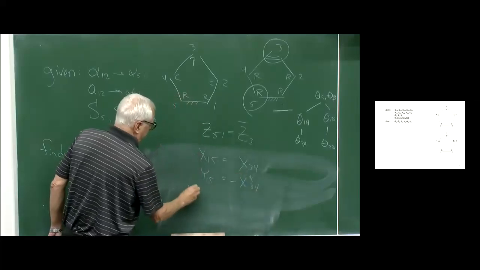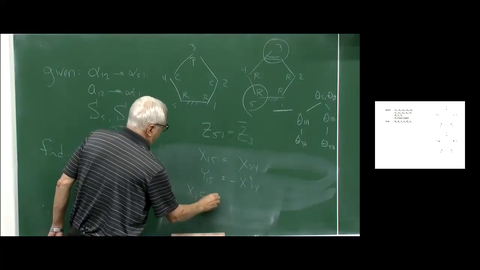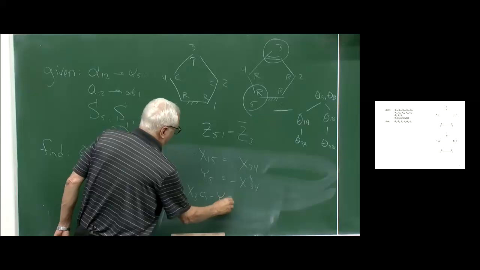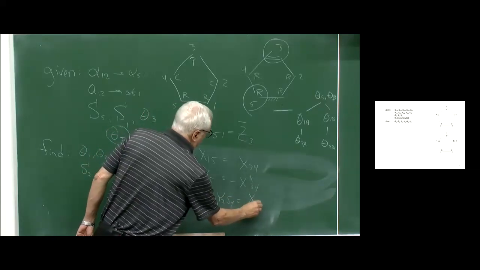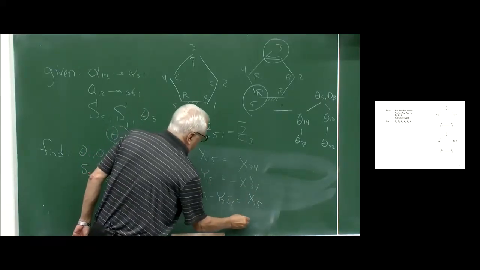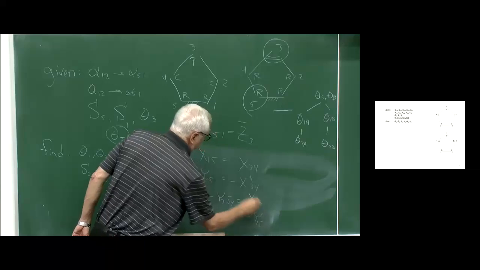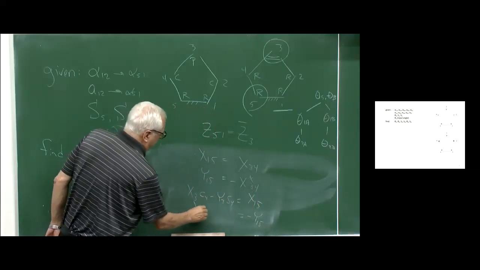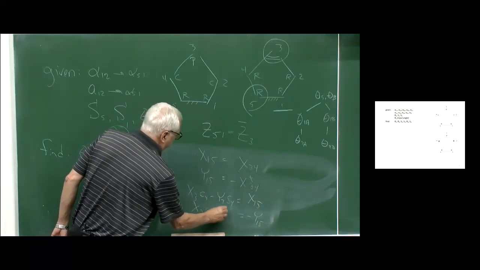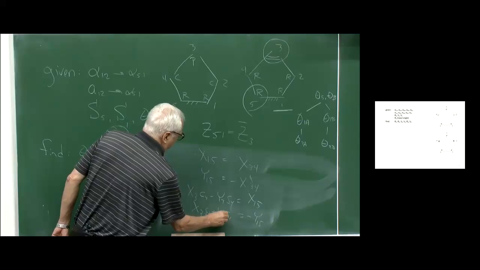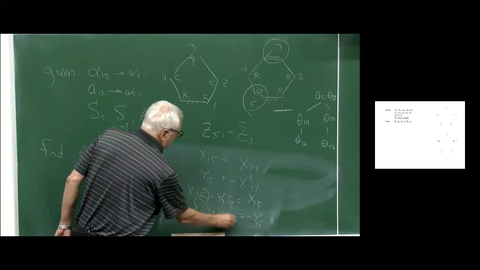We're going to expand x34. I'm going to move that minus sign over to this side, minus y15, expand that, xs. And again, here's our unknowns.